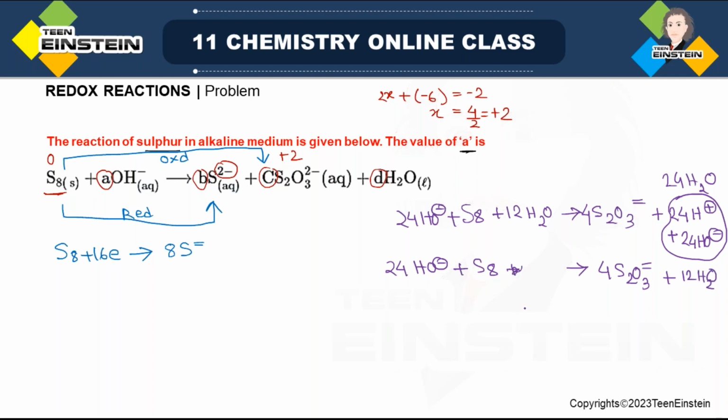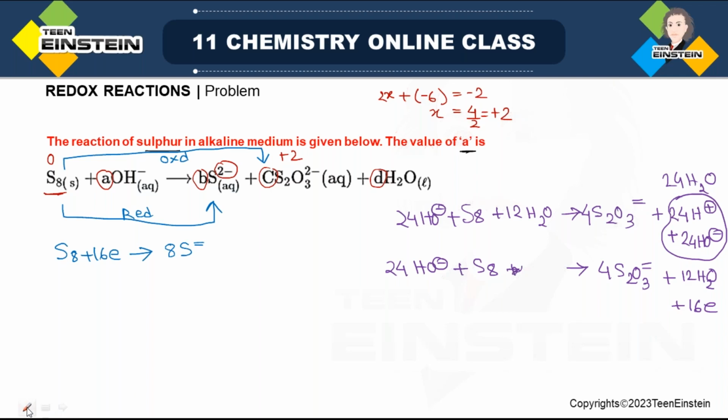Now what will be the total number of electrons? If we see the total negative charge here, 4 into 2, that means minus 8. Here it is 24 negative charge, that means it is extra on the left hand side. So we will add 16 electrons here, then only it will be the same negative charge on both sides.